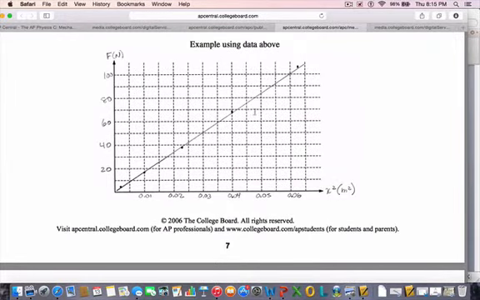You're going to choose 2 points anywhere on the graph, doesn't matter where, that are actually on the best fit line. And since they are not data points, you have to mark them so that the scorers know which points you use to calculate the slope. So the best ones, I think, are here. We have an intersection at 0.03, 50, and here, there's an intersection at 0.06, 100.